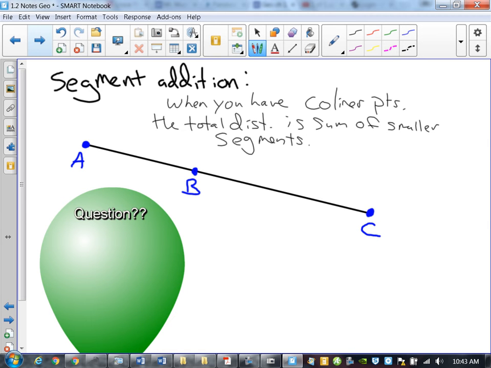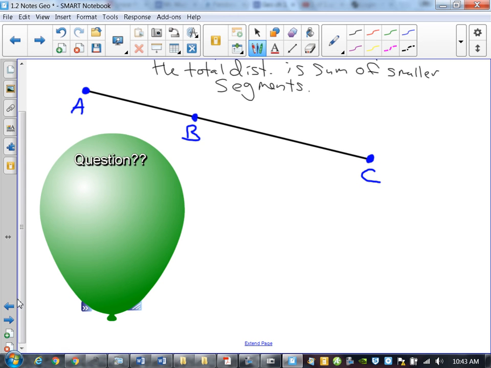So the way I would write this out is, if I wanted to figure out the overall distance, what's the large segment we see here? What is it made up of? AB and BC. So what I can say then is AC, the whole segment, is the sum of the two smaller segments put together.